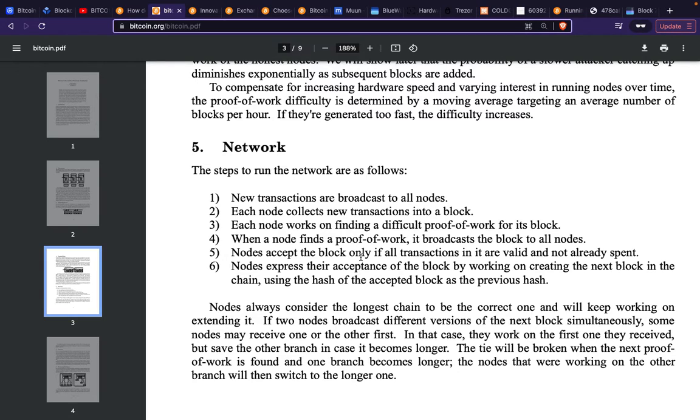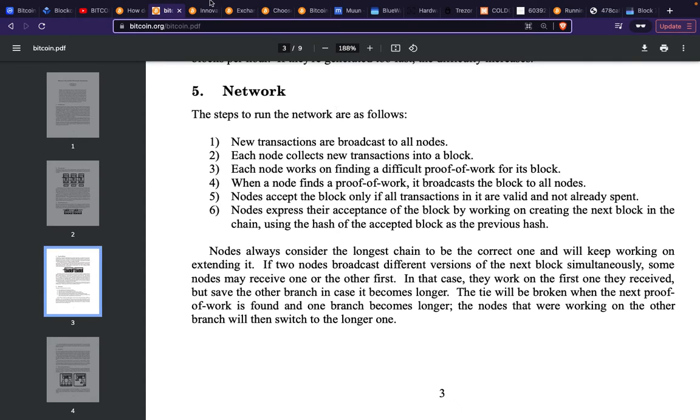Because of the proof of work and all the nodes reinforcing the code. If you cheat, you'll get rejected on the network, and no other nodes will accept your Bitcoin. Nodes express their acceptance of the block by working on creating the next block in the chain, right?